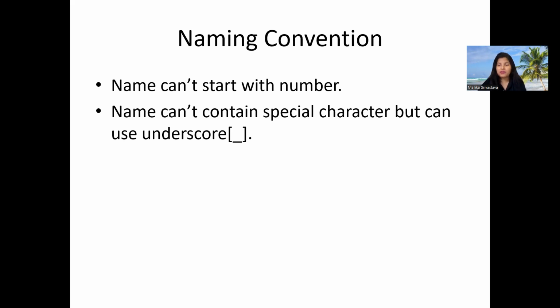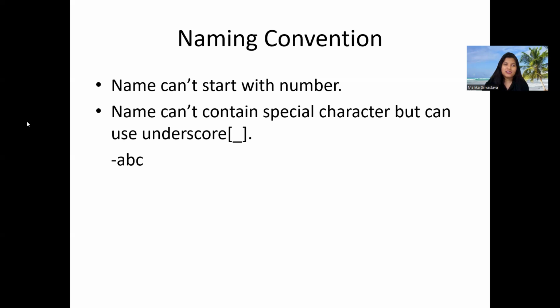Let's see some examples. The first example: just understand this. According to you, is this a valid variable name or not? You have this convention. Just understand whether this variable name is following all these conventions or not.